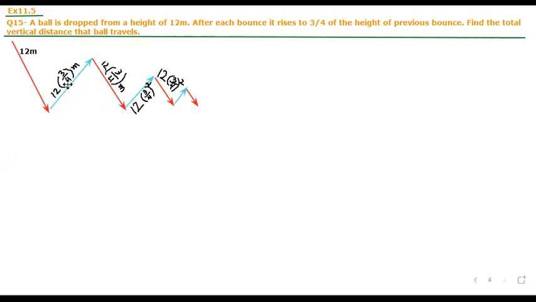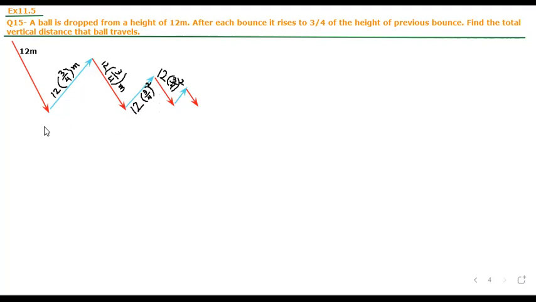Then the ball comes back to the ground and bounces again. When it bounces, again it will be 3/4 of the previous. That is why there is a square in this rise, and when it comes down to bounce again, that is the same as its very previous rise.